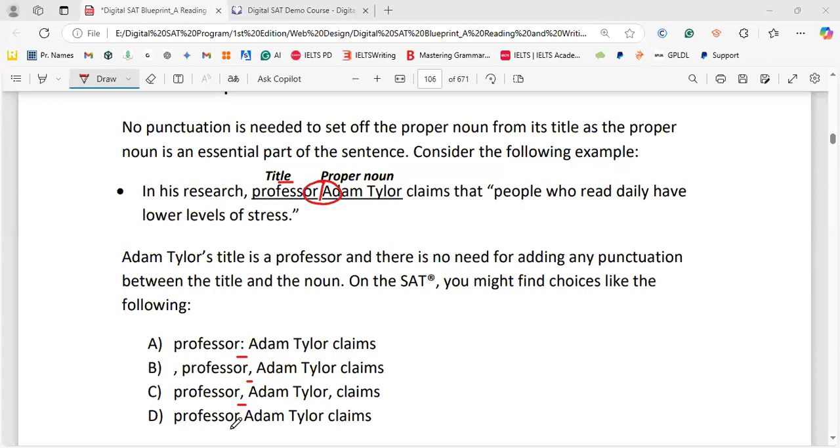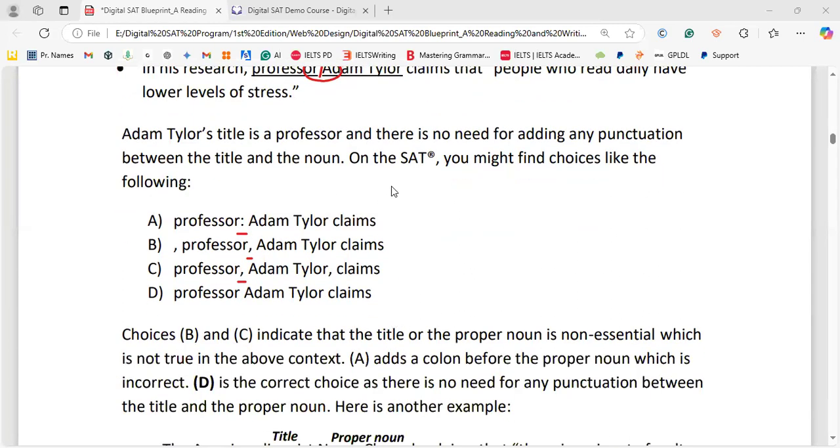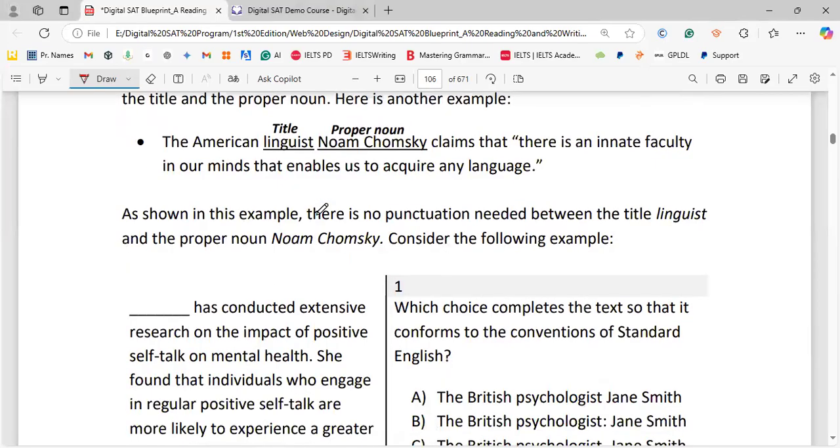Exactly, D is the correct answer, and this should be the only correct organization of title and proper noun. Look here, guys. Linguist Noam Chomsky, the American linguist Noam Chomsky, claims that there is an innate faculty in our minds that enables us to acquire any language. Linguist is a title, Noam Chomsky is a proper noun.